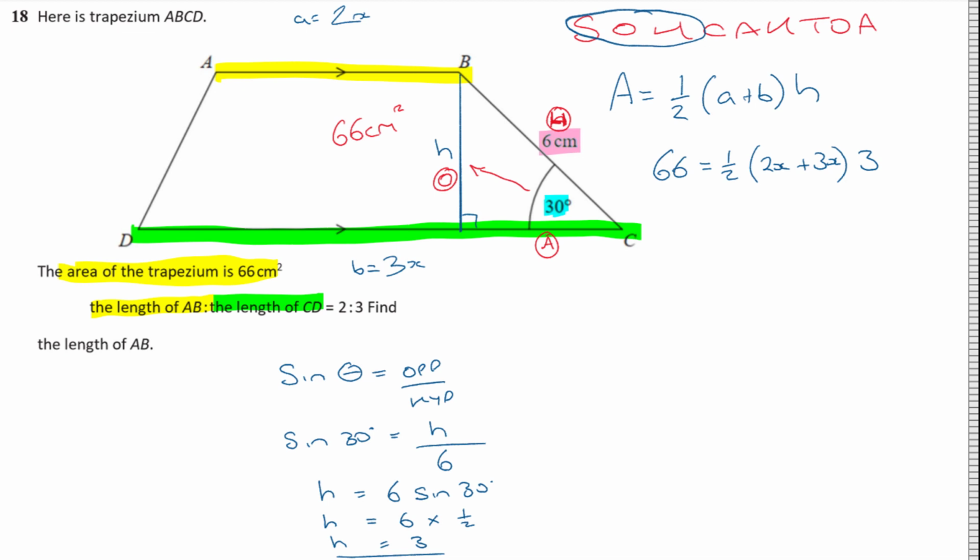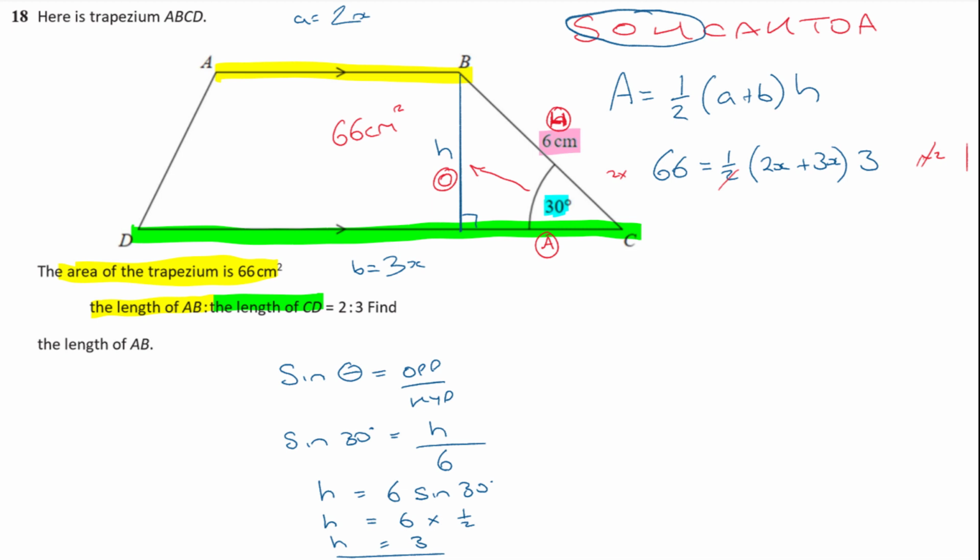Again, I've got no even numbers to cancel my 6 with. So just like before, I'm just going to times both sides by 2 to get rid of that half there.